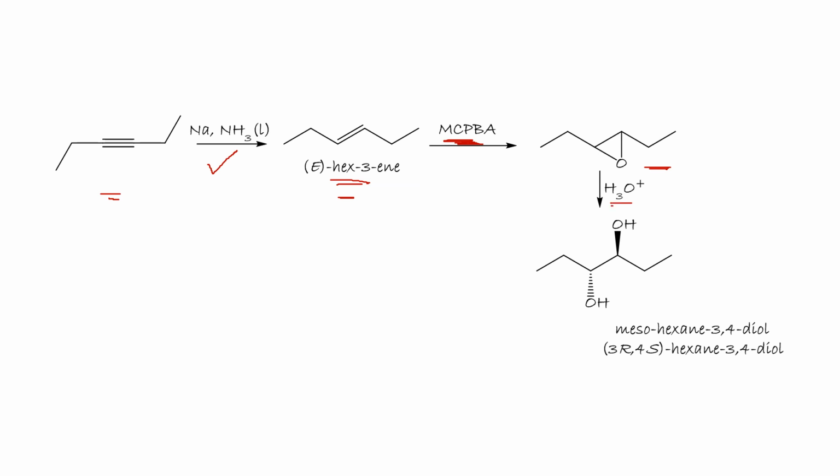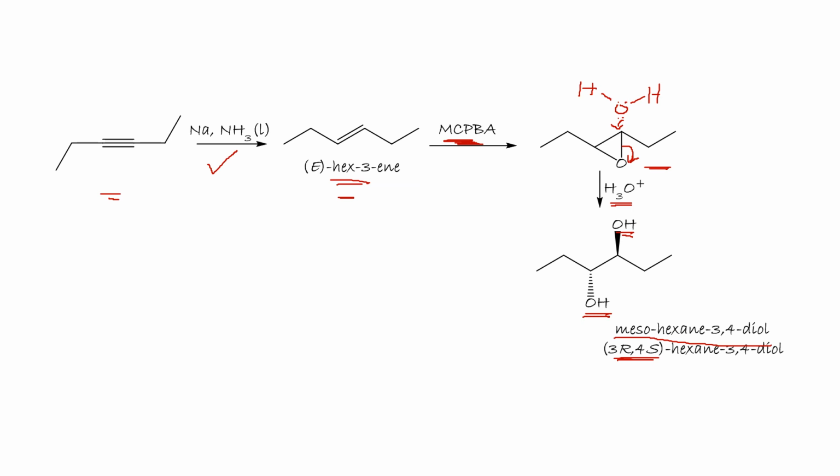Then the epoxide is treated with dilute acidified water to give ring opening, and finally the anti-addition of two OH will lead to the formation of meso-hexane-3,4-diol, 3R,4S.